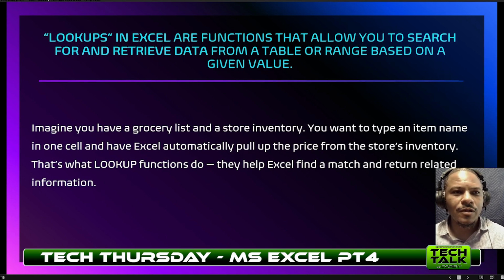Say you're looking for a steak because you want to cook some steaks, or you've been watching Les barbecue and you want to try out this oxtail recipe. This would be great for budgeting, or making sure that whatever items you want to have, you've got those. So you can use a lookup function, so you don't have to look at the entire store inventory and go down that sheet to figure out where these items are. You'll be able to look for that item, match it, and return the related information. Trust me on this. You're going to want to know how to do this.